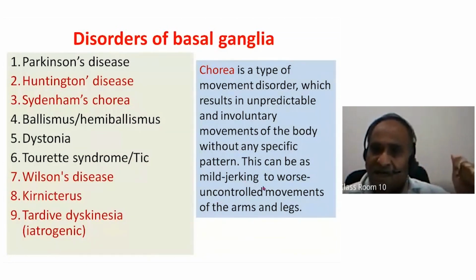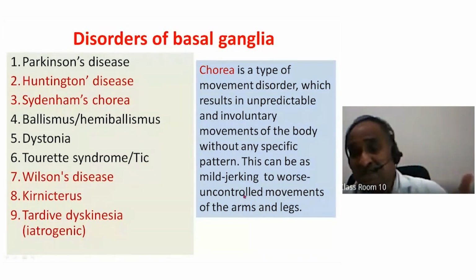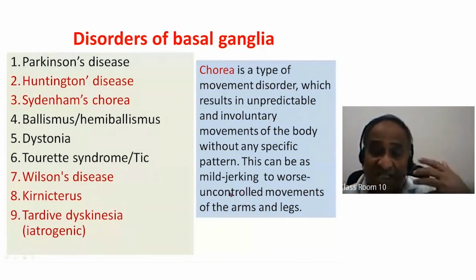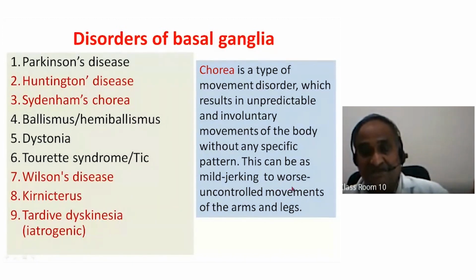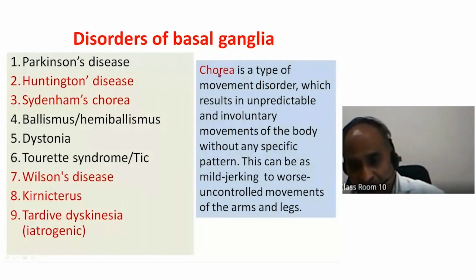The symptoms may range from a mild jerking to worse uncontrolled movements. Uncontrolled movements means the person is tired of moving the limbs, the arms and the legs. So that is what the chorea is. So these five particular diseases are concerned with chorea.